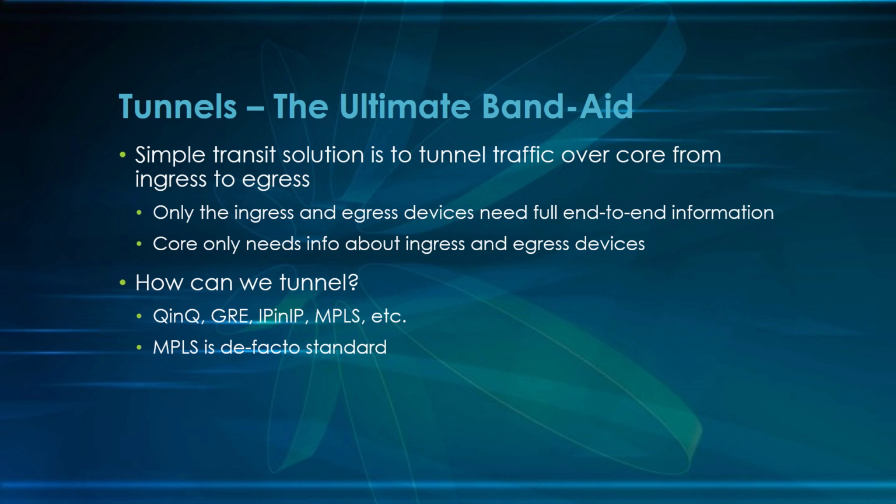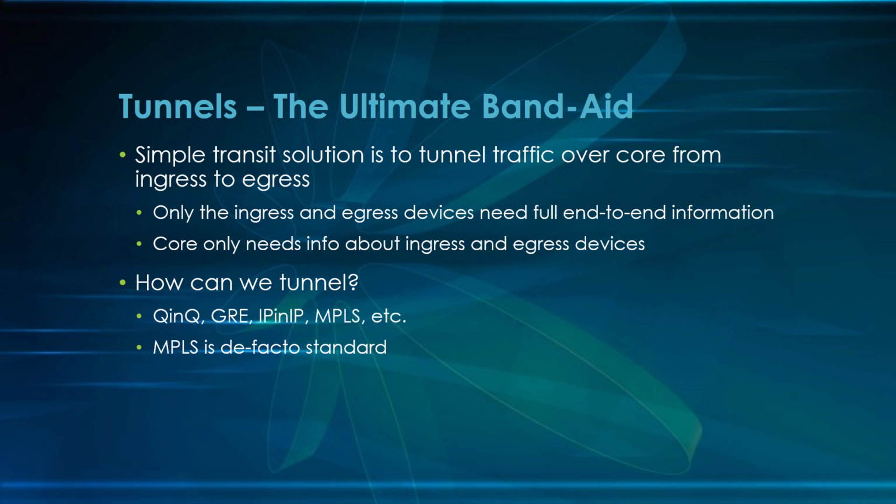We could tunnel Q-in-Q, GRE, IP-in-IP, MPLS, etc. MPLS is the de facto standard, and you'll see us look at a lot of MPLS, but we're also going to look at IP-based tunneling, layer 2 tunneling, and the like. When we get into layer 2 VPN, you'll see us work with Q-in-Q. When we're doing it over the internet, we'll do GRE-based L3 VPN, and we'll see exactly how that comes into play.